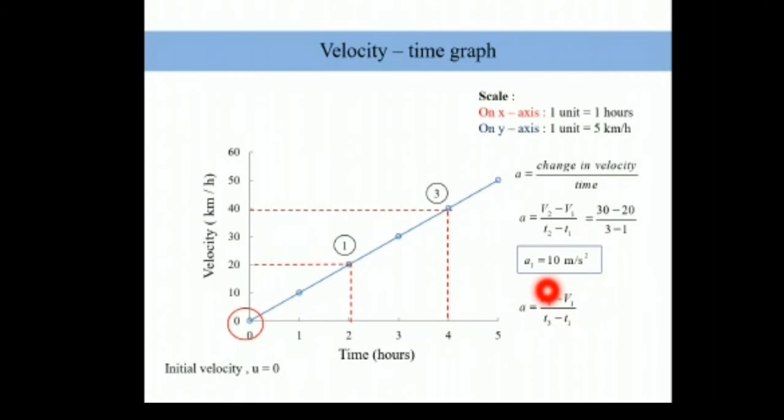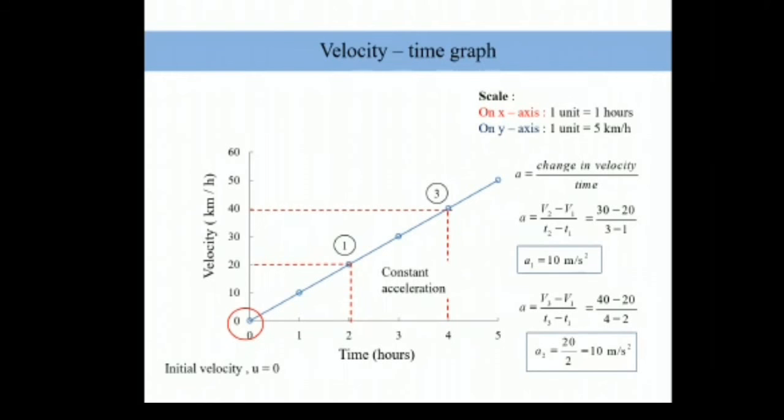Velocity at the third point was 40, so we put 40 in place of v3, and velocity at point 1 was 20. Time at the third point is 4 and at the first point is 2 hours. If we put the values, 40 minus 20 divided by 4 minus 2, we get the same answer.